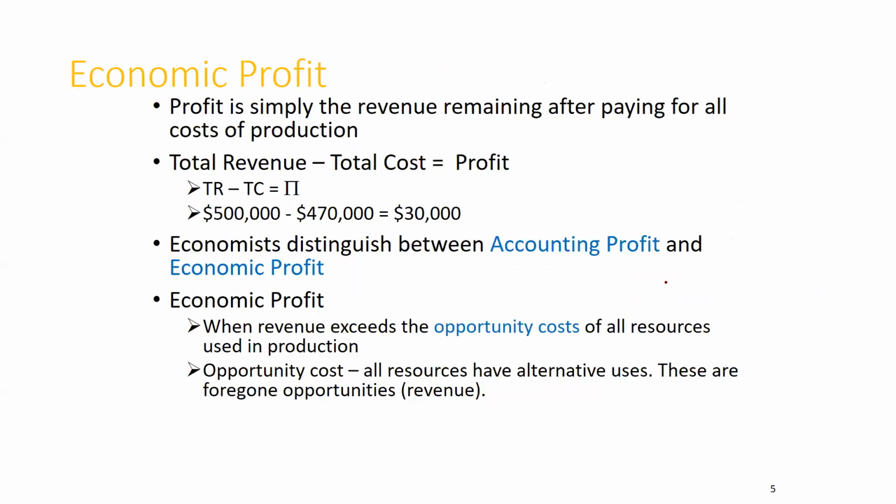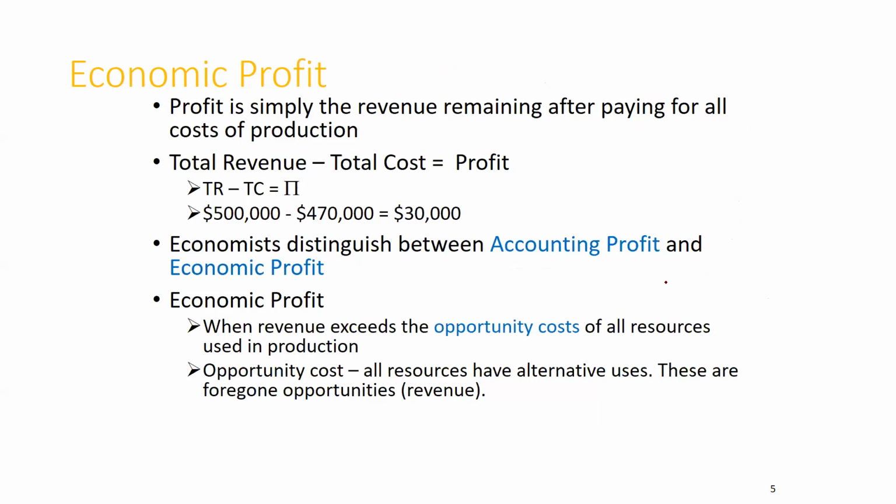Economic profit. Now, this is a concept that is quite important from your examination point of view, plus in terms of your understanding for the concepts of market structures and the costs and the revenues. So in general, you know that profit is total revenue minus total cost. And what's total revenue?